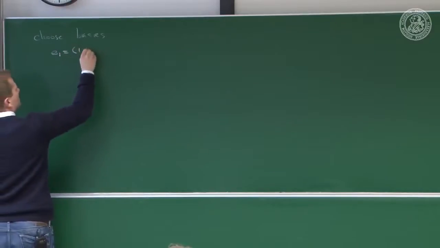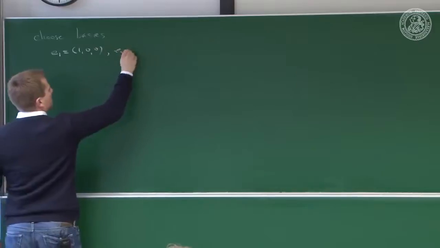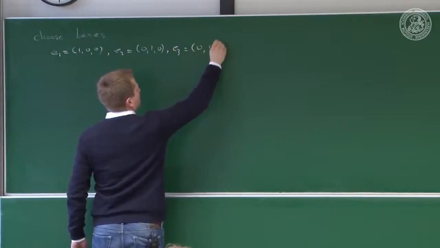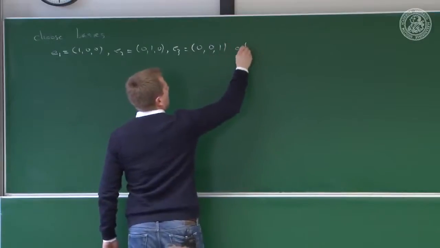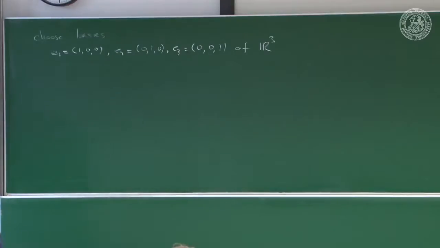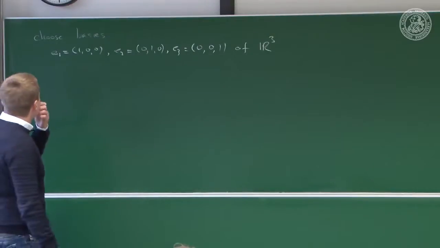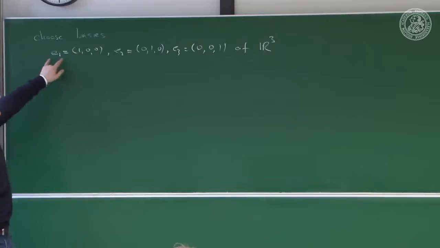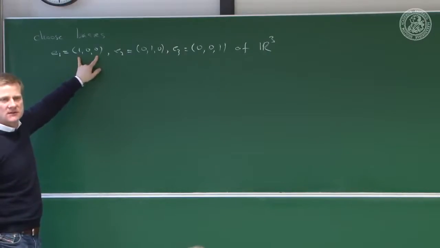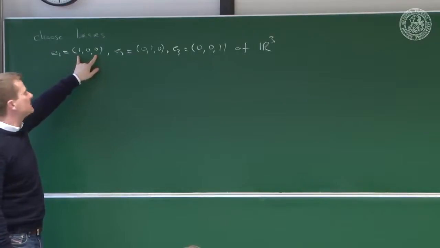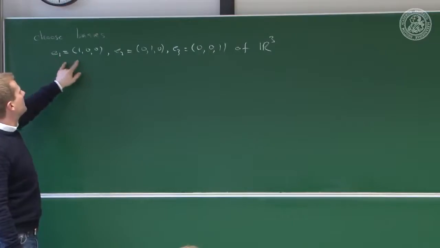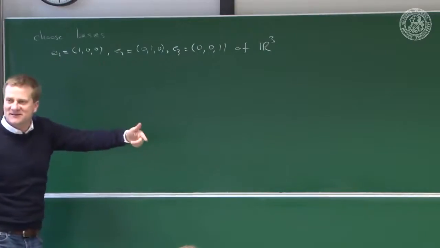E1 equals 1, 0, 0. E2 equals 0, 1, 0. E3 equals 0, 0, 1 of R3. Sometimes people are confused because they say, hang on, you provide a vector in terms of its components, but isn't the whole point of a basis to introduce a basis per se without already using components with respect to another basis?